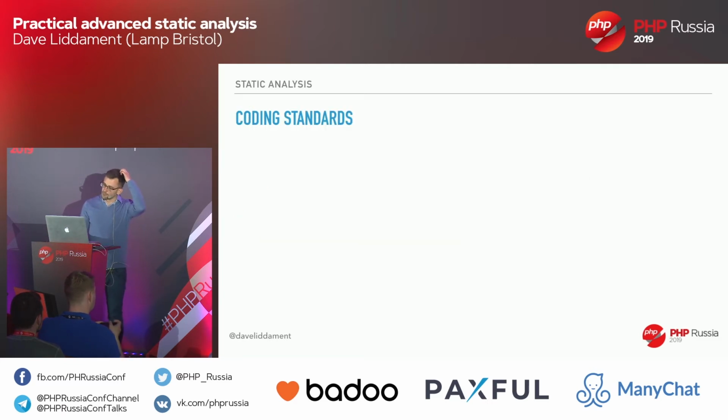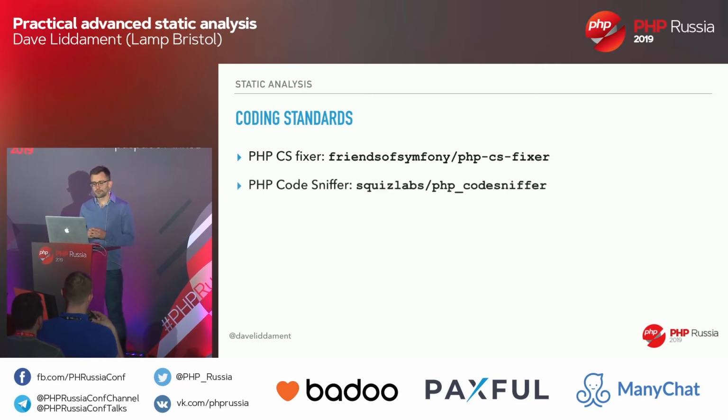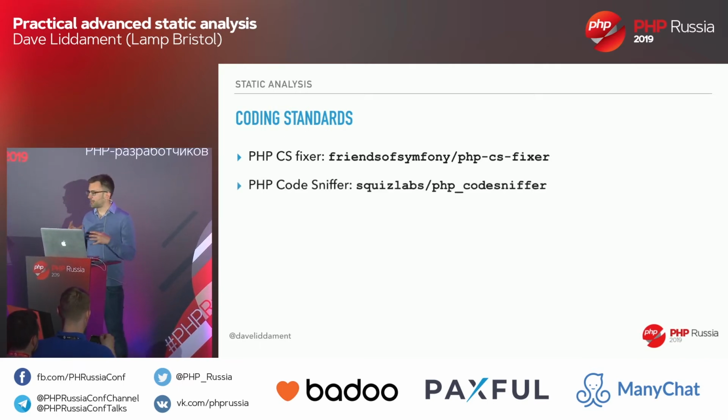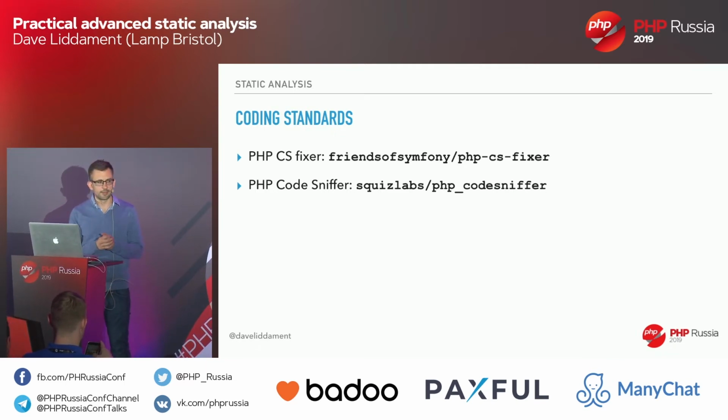We can also have tools that check our coding standards, for example, things that comply with the PSR standards. There's a couple of tools. One is PHP CS Fixer, which is one I use. There's also Code Sniffer. They both do very similar things in terms of looking at the code and checking it conforms with a particular coding style.